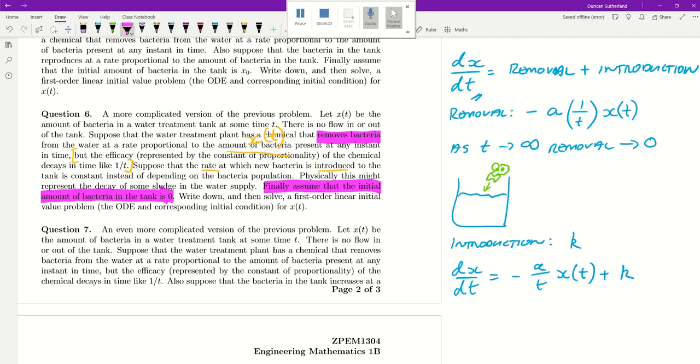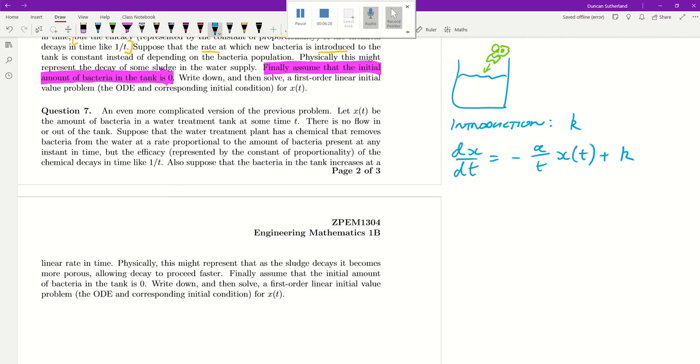So you've got some bacteria in sludge, that's the source of our bacteria, creeping in that way. But our initial condition is x of 0 equals 0. So there's nothing originally in the tank, it's all flowed in afterwards. This is a linear problem. We can rearrange it to the canonical form.